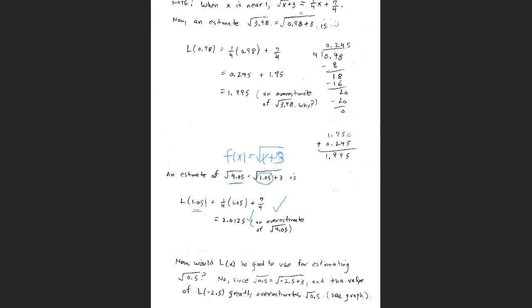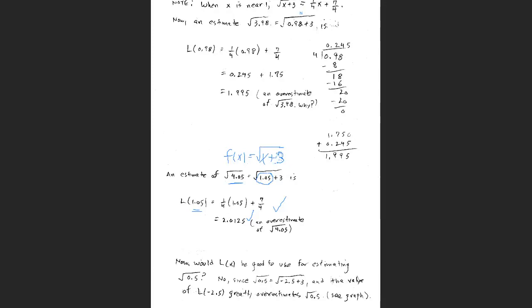Let me put it in on the calculator. For the square root of 4.05, I get 2.01246. Okay, so there's not agreement in the fourth decimal place, but it's not bad.